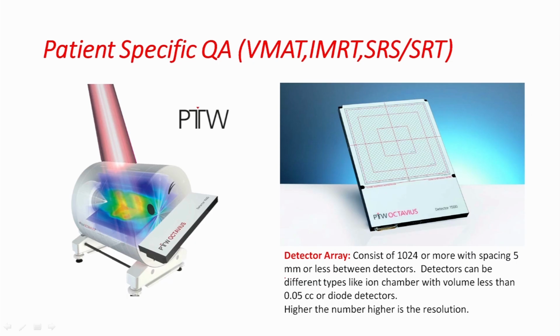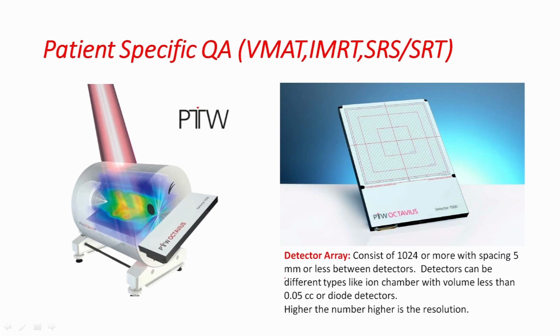But here, for the patients you are treating with an advanced treatment technique like IMRT or VMAT, you need to perform a quality assurance for each individual patient. This quality assurance test is not for the 3D CRT technique. This is a specially designed QA test for advanced treatment techniques like IMRT, VMAT and SRS, SRT.